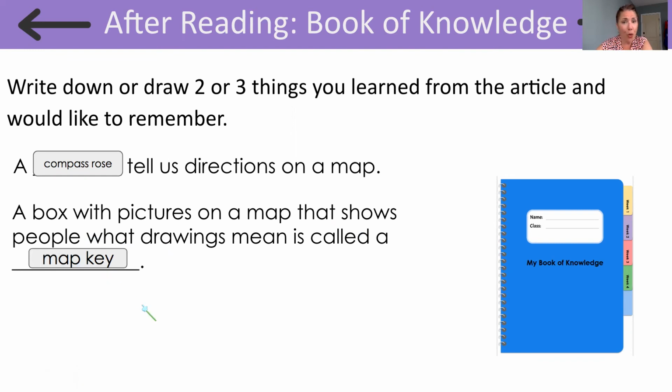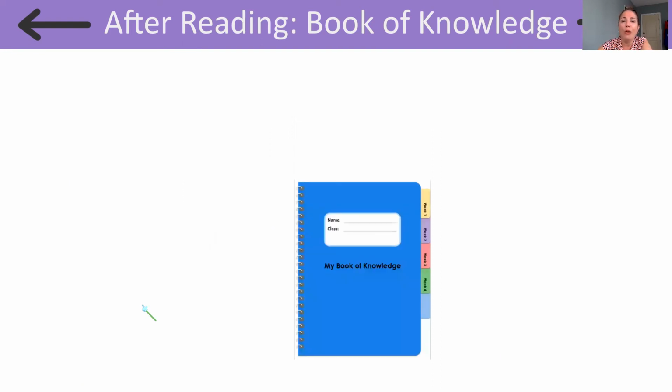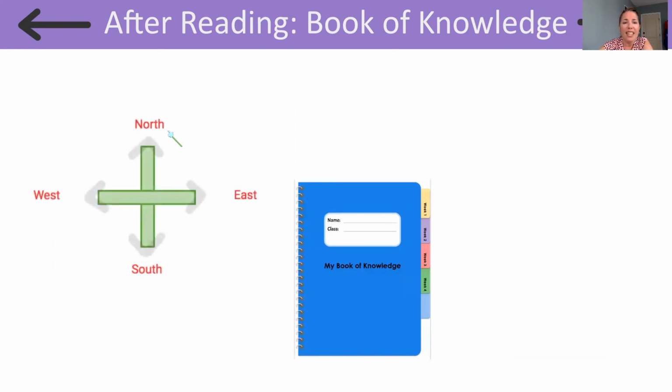So I also thought about all of those facts that we learned in this text, and I thought it was important to know in my book of knowledge these different directions found on a compass rose. North, which is opposite of south, and east, which is opposite of west.